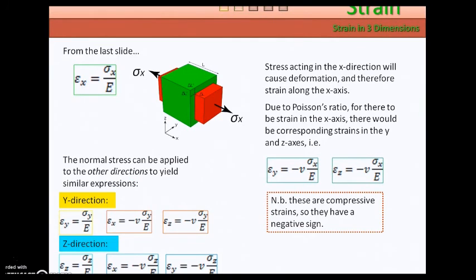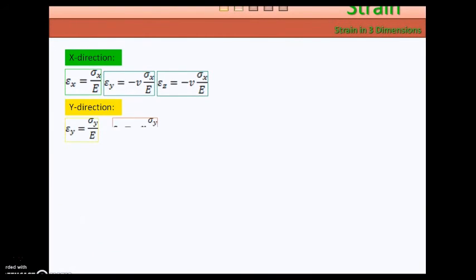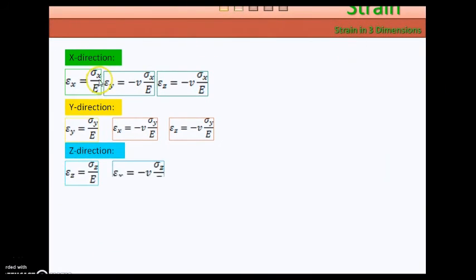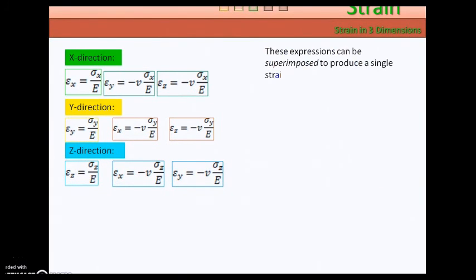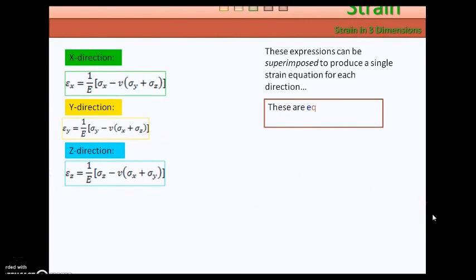And the same applies for the other directions as well. If we bring back those equations, note the differences and similarities amongst the equations in each set. By the principle of superposition, each set of equations for the directions can be replaced by one equation, like so.